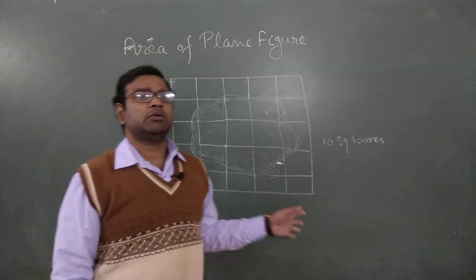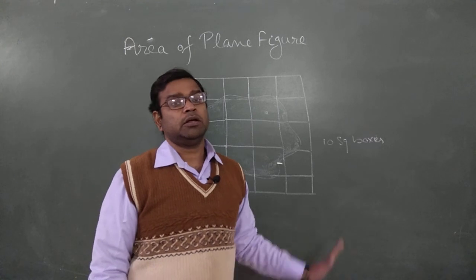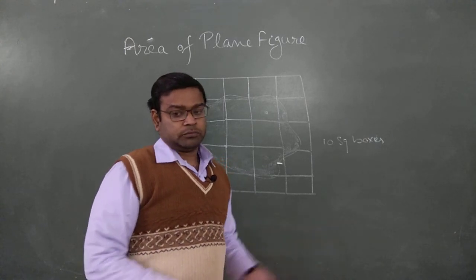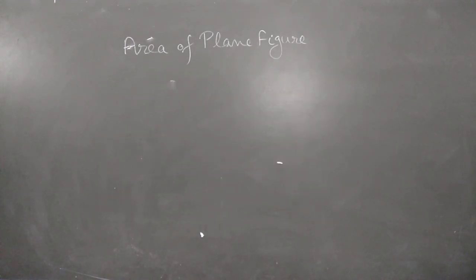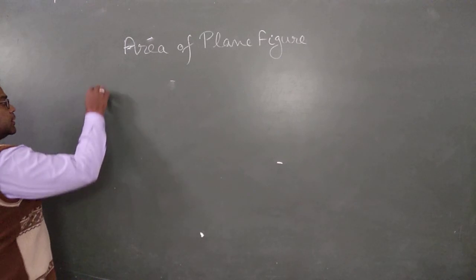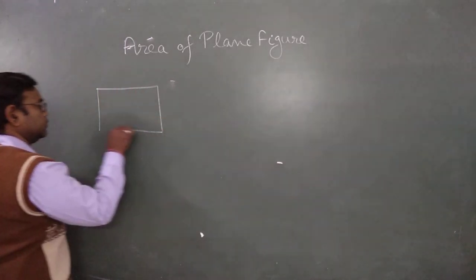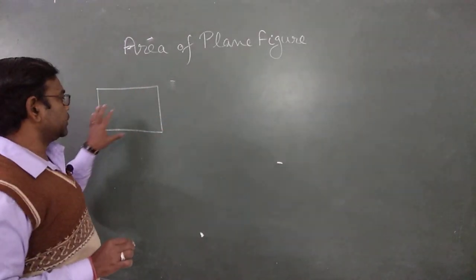Now we are going to discuss some regular shaped figures. We already discussed the perimeter of a rectangle. This is a rectangle.